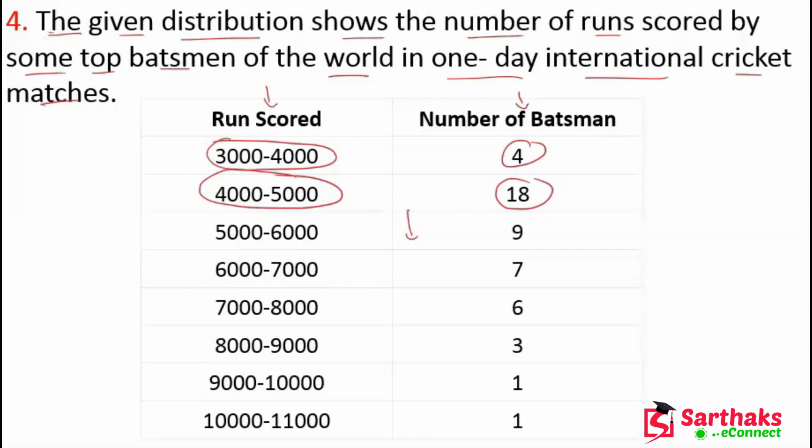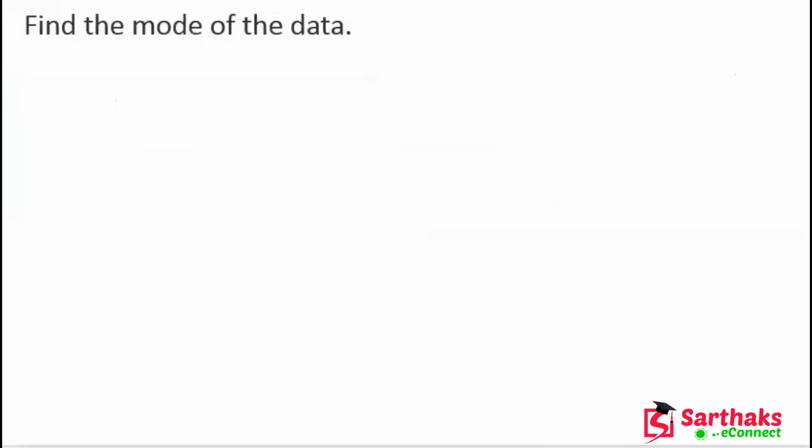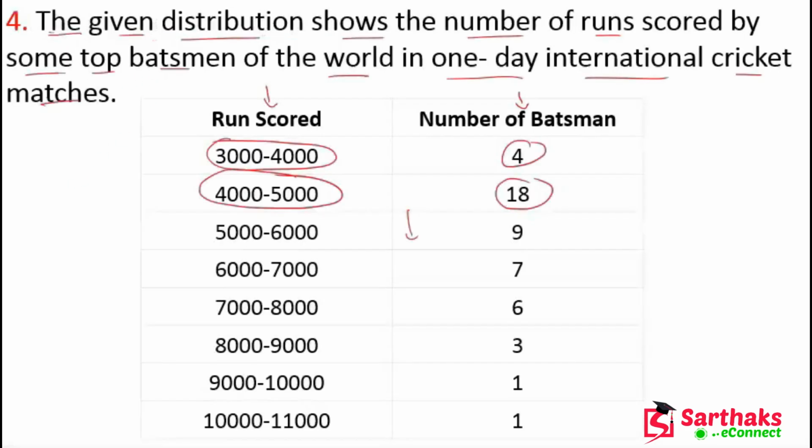Now, my dear friends, this question is asking about the mode of the data. Means we have to find the mode of the data. First of all we have to find the modal class. So what is modal class? If we observe, this is the highest frequency among all these frequencies.